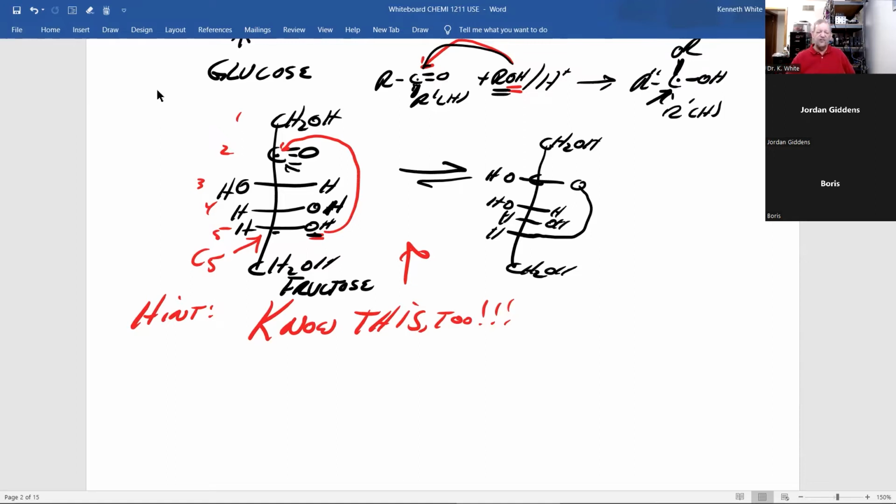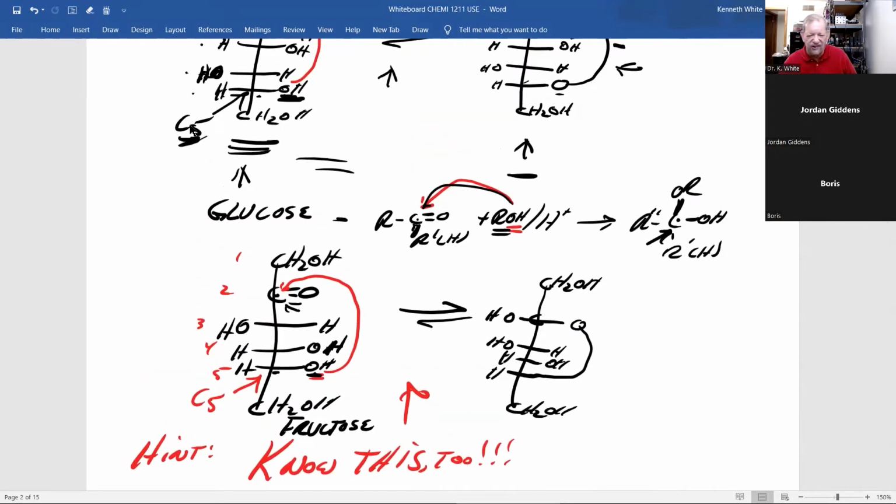And it also will react with this reaction to form this hemiketal. And I think that's called a fructoside or something like that. Don't quote me on it. And you should know, if I give you fructose, the structure, and this equilibrium, you should be able to develop this structure, the product. If I give you the product, you should be able to work back to the structure of fructose. And I'll go through this again tomorrow, because it's a hard one, and I'll do it a couple more times.